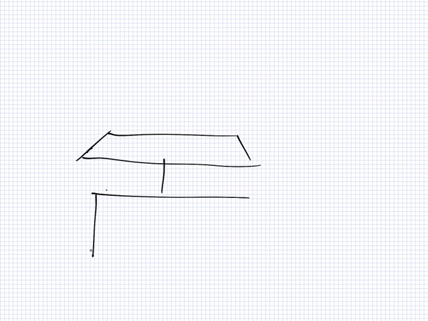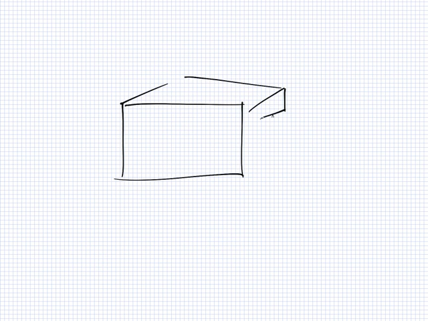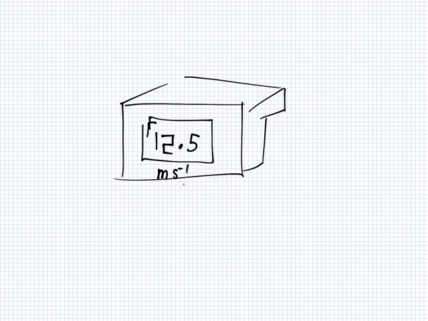Oh, I got a good example. The light box for measuring the speed. Do you remember? And here it has the speed. So it would say, for example, like 12.5 and the unit was meters per second.